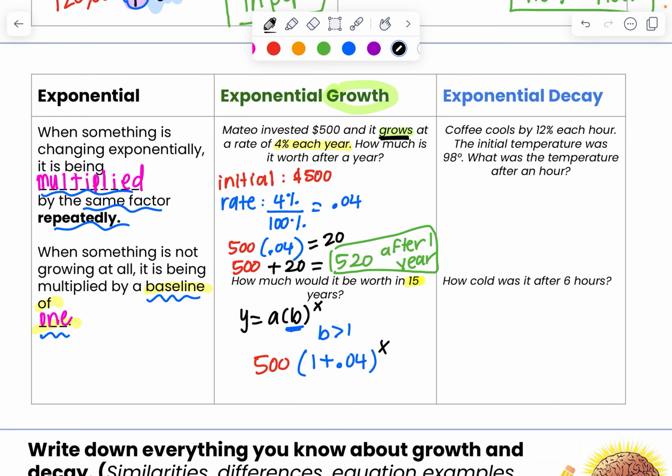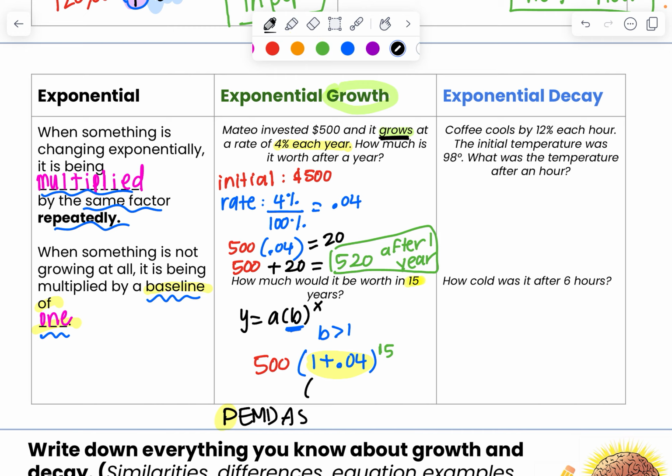But if I want to find out how much I'm spending after 15 years, then I can replace my x with the number 15. Now, to do this and actually figure out how much money I do have, we're going to have to use PEMDAS, the order of operations, right? PEMDAS says we have to do our parentheses first, which let's simplify this.